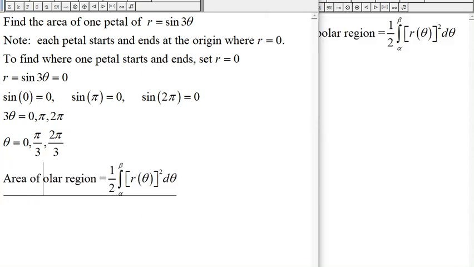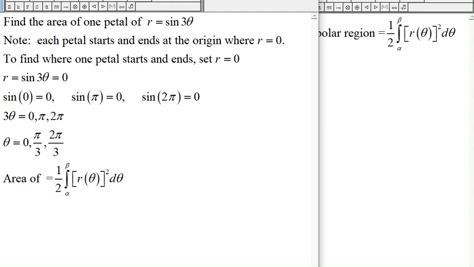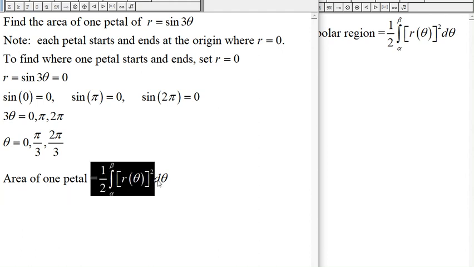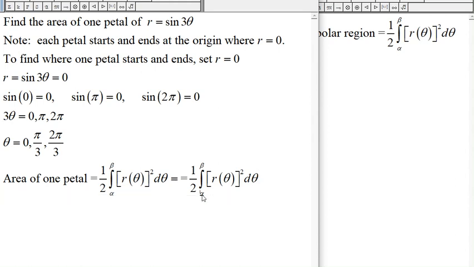And so now we have the area of one petal, where alpha will be 0 and beta will be pi over 3, and the radius function is sine of 3 theta.